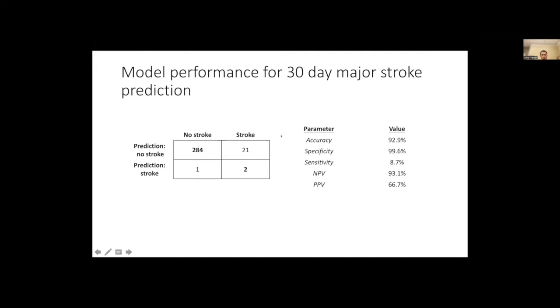In the test set, they can achieve an accuracy of 93%. So with the model, it's 93% accurate at predicting if a patient could have a stroke or not. It's not the best, but good enough. At the moment, you can see that it's very specific. If it says you're not going to get a stroke, then there's a high chance you won't, but it's not very sensitive. So there's certainly more room for improvement based on what we can see here.